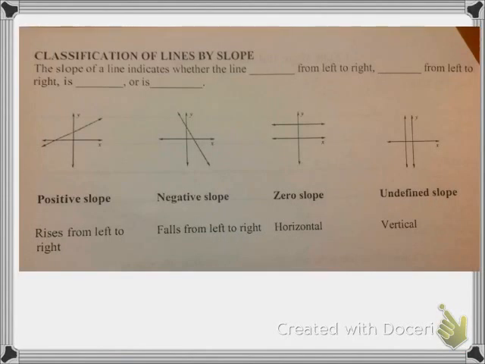Moving on to the next thing, we should be able to classify lines. The slope of a line indicates whether the line rises from left to right, whether it falls from left to right, or whether it is horizontal or vertical. So these are the four different types of lines. If we have a line that increases, it has a positive slope, in other words, it rises from left to right.